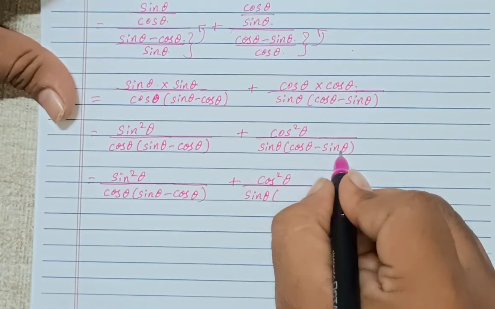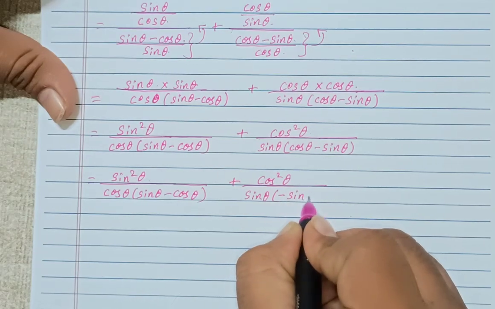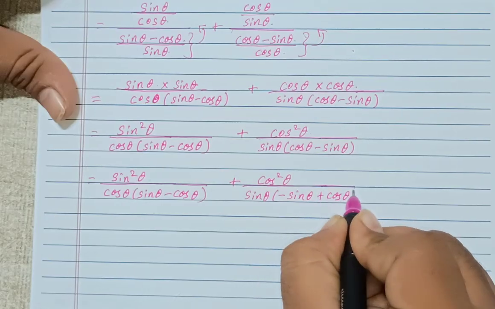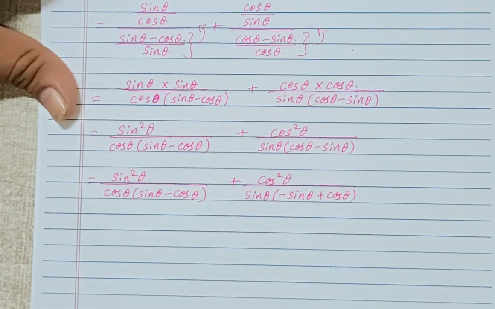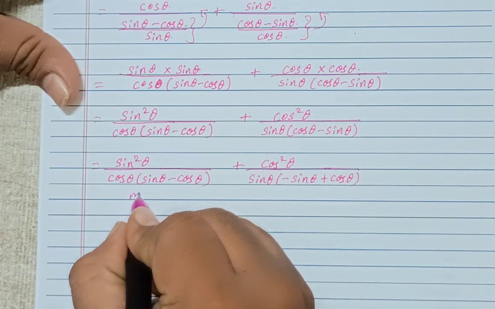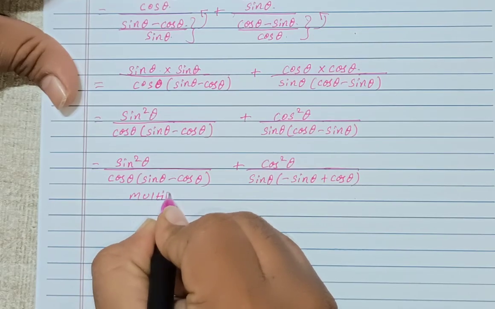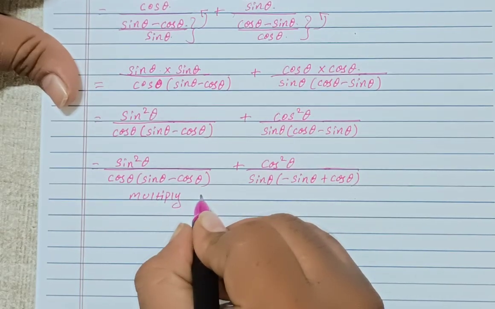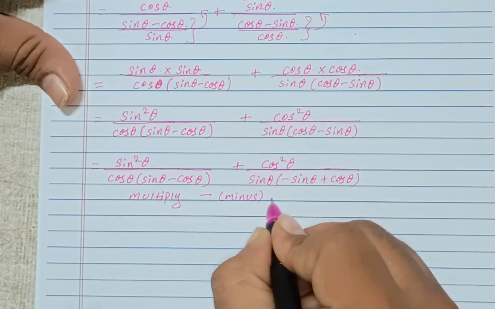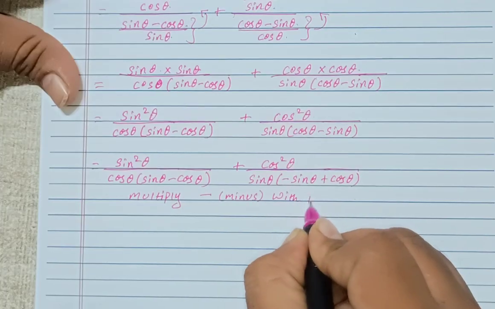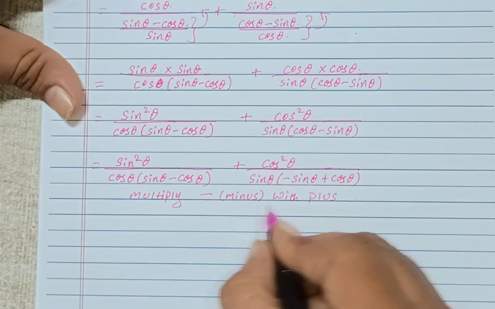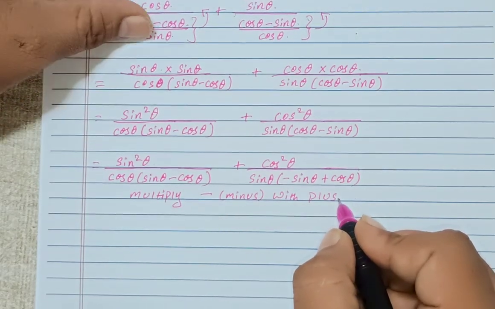Instead of taking cos theta minus sin theta, I take minus (sin theta minus cos theta), with the coefficient plus. So now I multiply the minus sign with the plus.